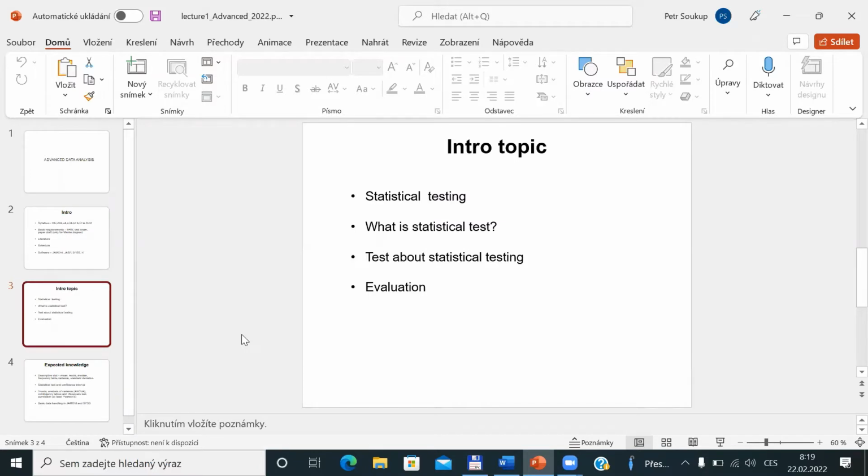But the classical design, especially for natural sciences, is based on experimental design. So it means you would divide your units into two groups. One group will be the control group, meaning no treatment at all will be applied to this group. And the second group will be the experimental group, and you would apply some special treatment.